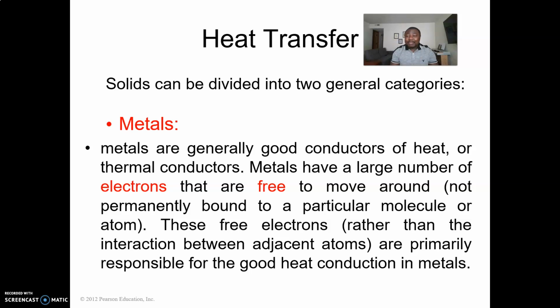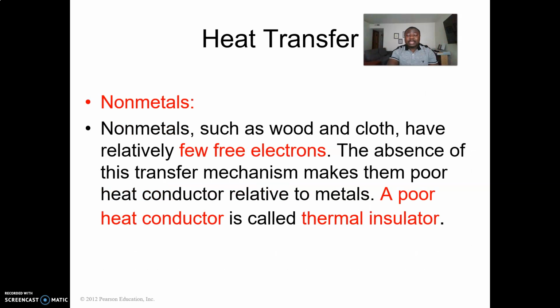Because of that, metals are regarded as very good conductors of heat. For example, if you want to do electrical wiring in your house, most of the cables are made of copper, iron or whatsoever, because these elements are very good conductors. So metals are very good conductors as a result of the free electrons that they have.